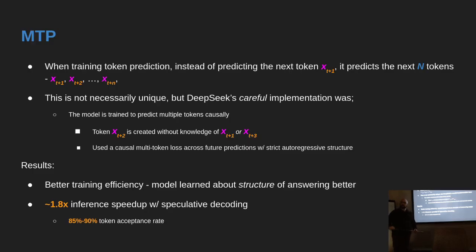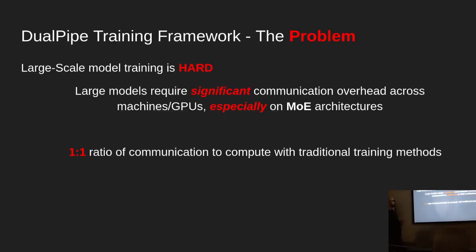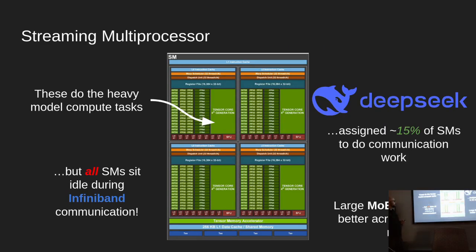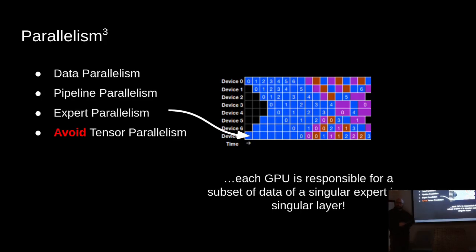Parallelism. You said that there's no tensor parallelism anymore. Does that mean no cross nodes through the InfiniBand? So let's define tensor parallelism first.